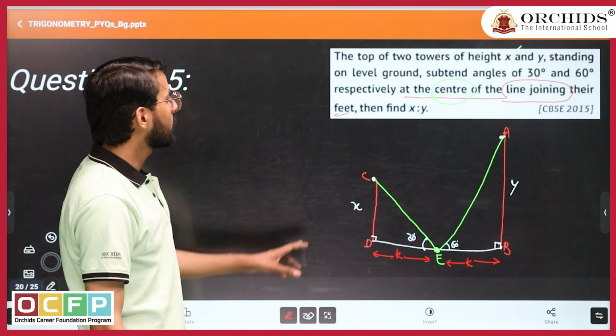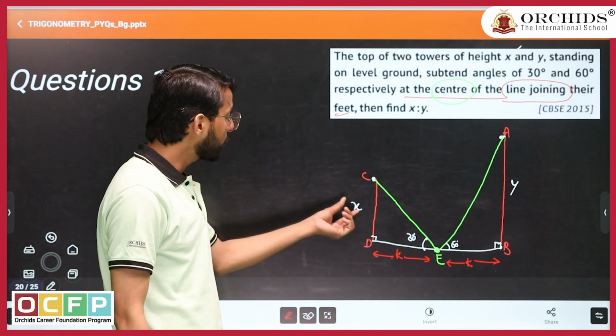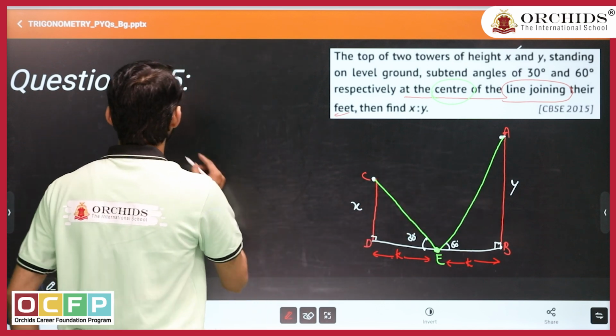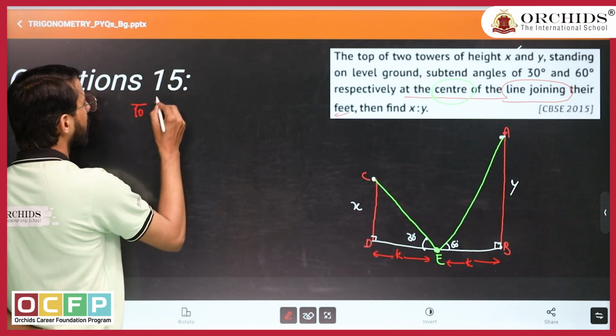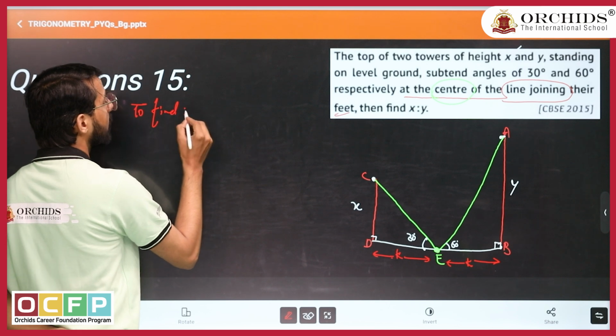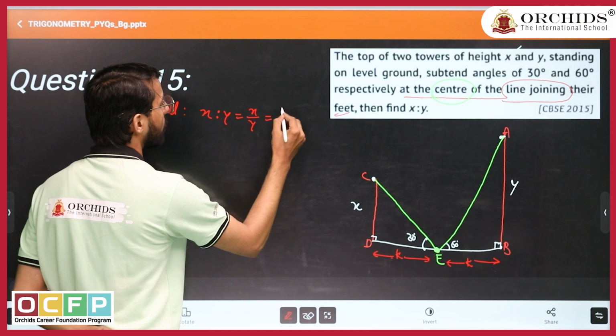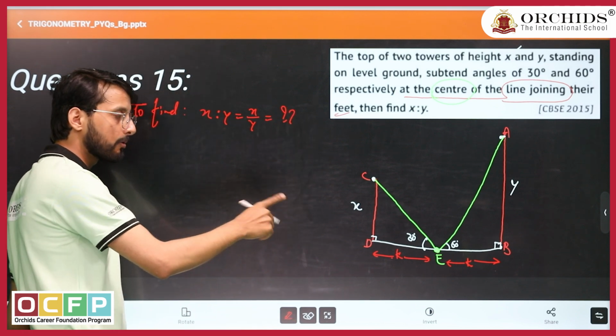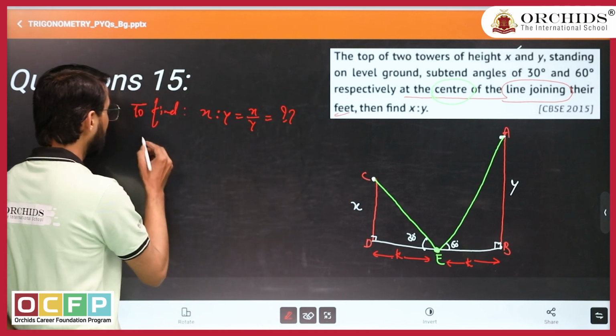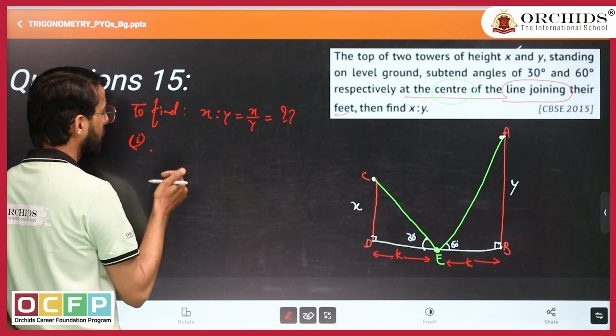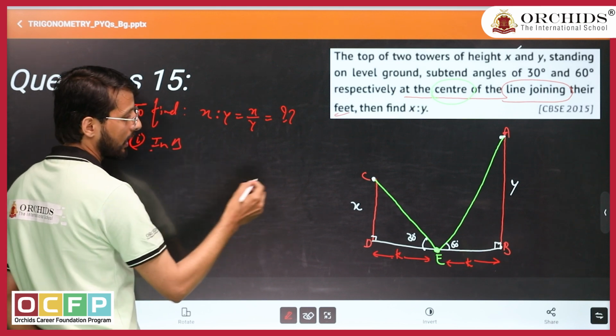Now let's solve how to find the value of x is to y. What we have to find? They have given the ratio x is to y, means x by y we have to solve. X is in one triangle and y is in another triangle. So the first case I am going for is triangle CDE.